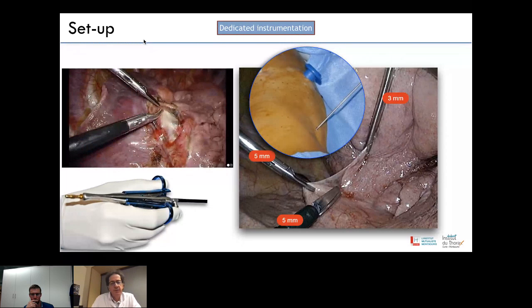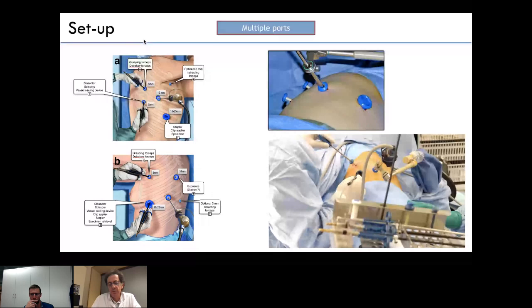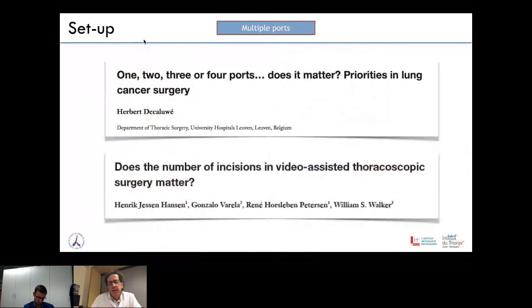So we are using multiple ports. Here it's not the place to defend multiple port compared to single port or 2 ports, but I just want to mention these 2 publications. I fully agree that this is not a major issue. We are in most cases dealing with lung cancer, and the goal is to cure the patient, whatever the number of ports you are using.